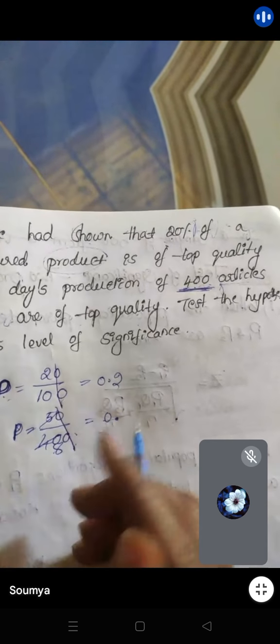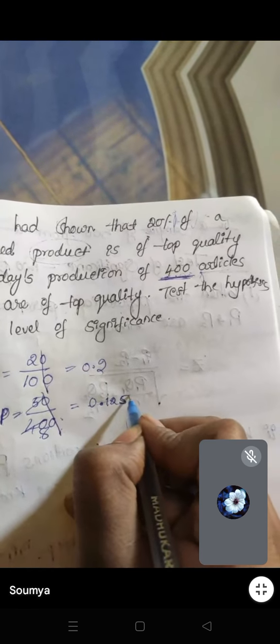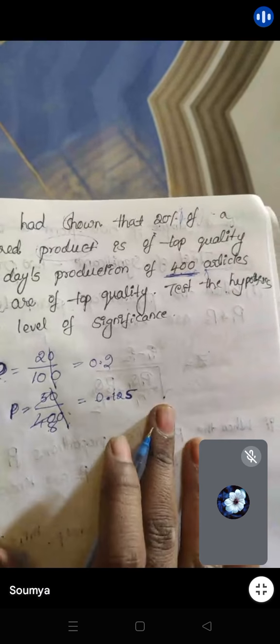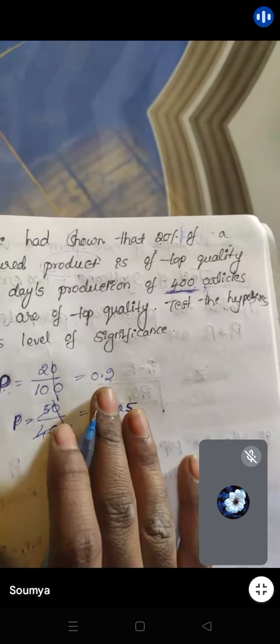For the sample it is small p, for the population capital P, which is 0.2. Now you have to calculate Q also.